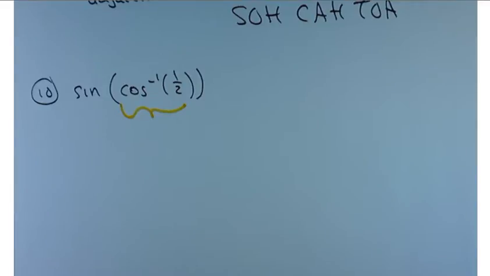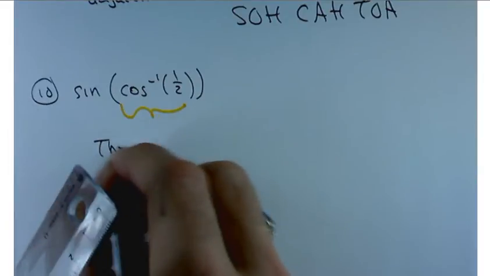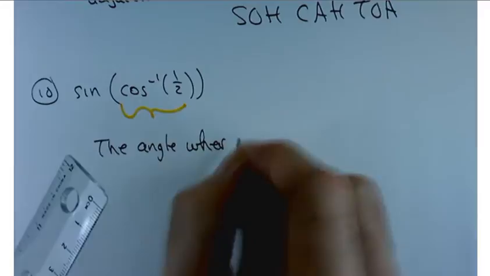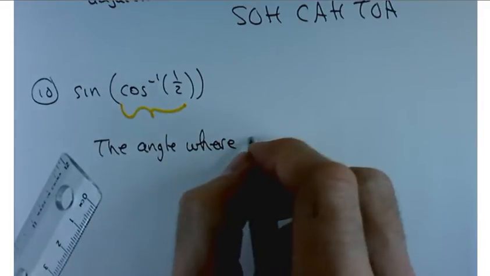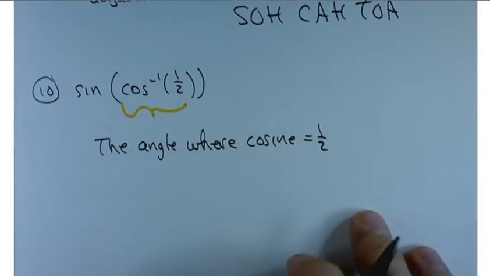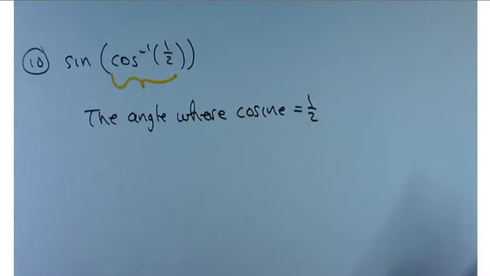Let's see if we can't draw that. Okay? So this is, and I'm going to use your exact words, the angle where cosine is 1/2. All right, great. Let's draw that.